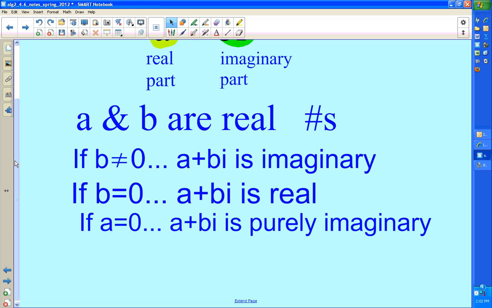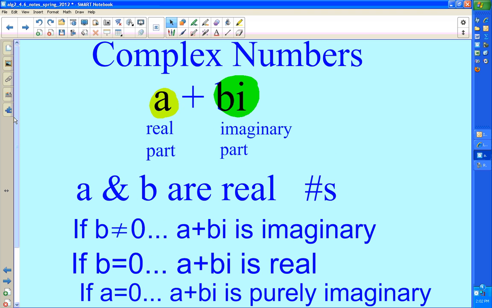That's just a purely imaginary number. The reason why I'm stressing a equals 0 or b equals 0, that kind of stuff, is because all numbers can be written as a complex number. And I'm not telling you it needs to be, I'm just saying it can be.